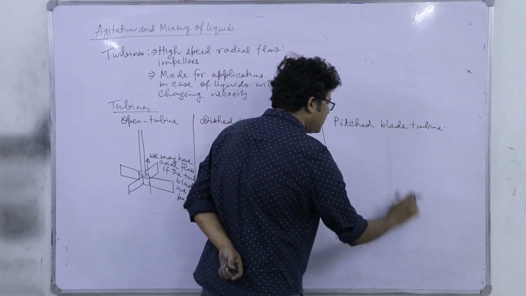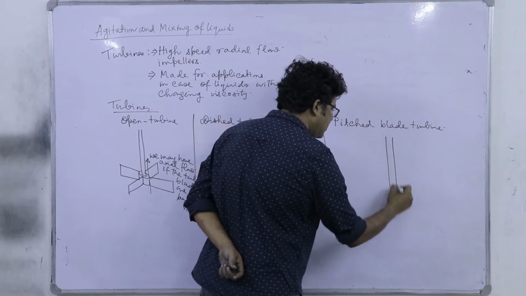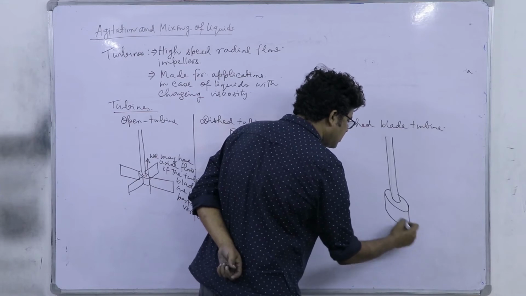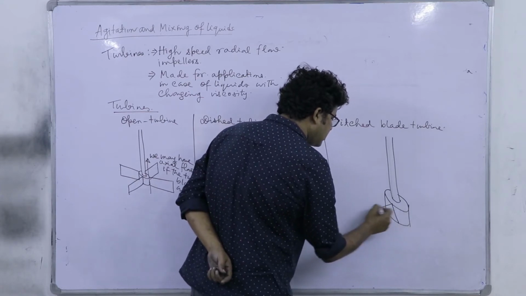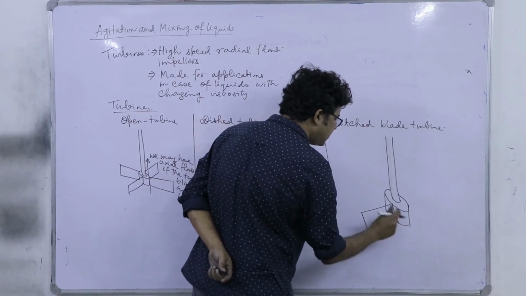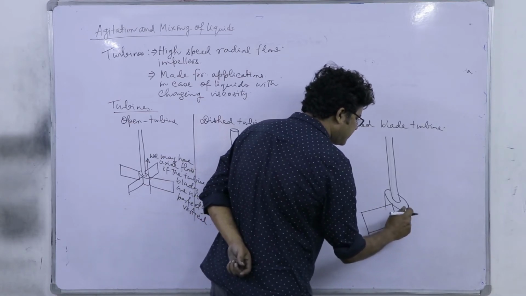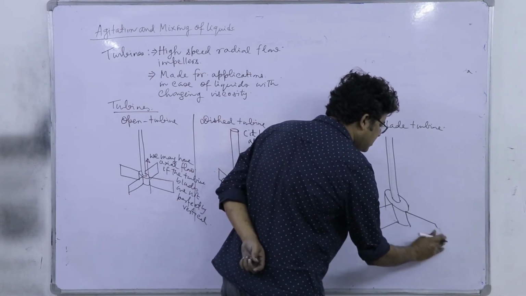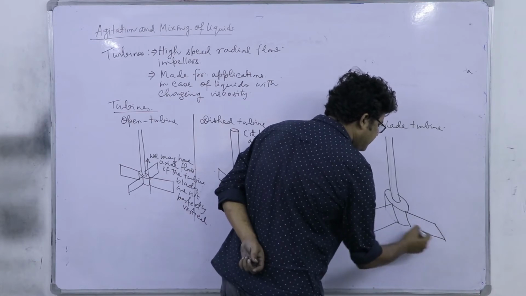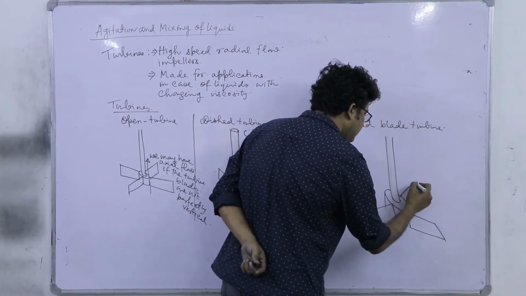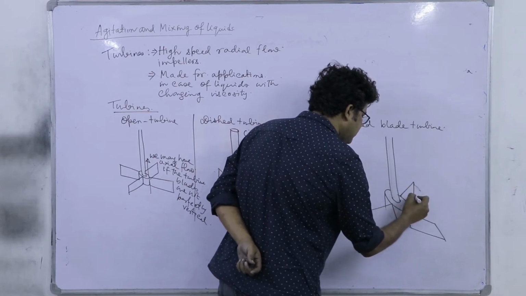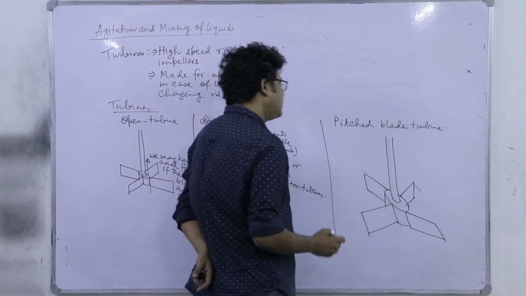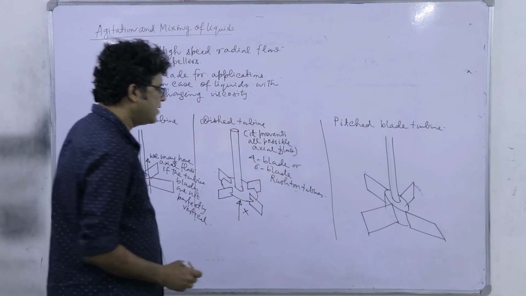So this sort of pitch blade turbine can generate axial flow.